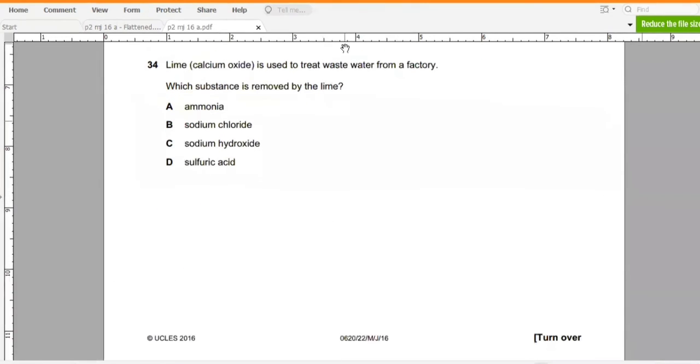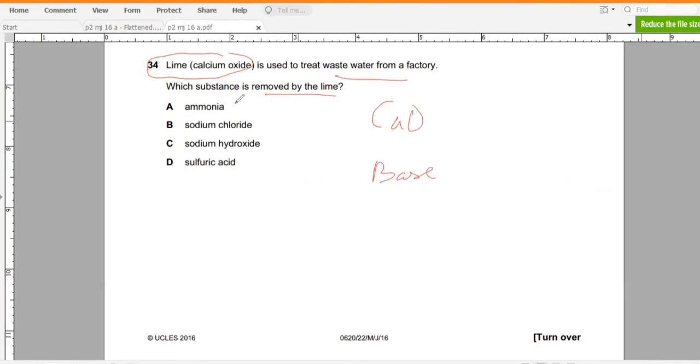34. Lime, which is called calcium oxide, is used to treat wastewater from the factory. Which substance is removed with lime? So basically, calcium oxide is a base, so it is used to treat wastewater from the factory. Which substance is removed by the lime?